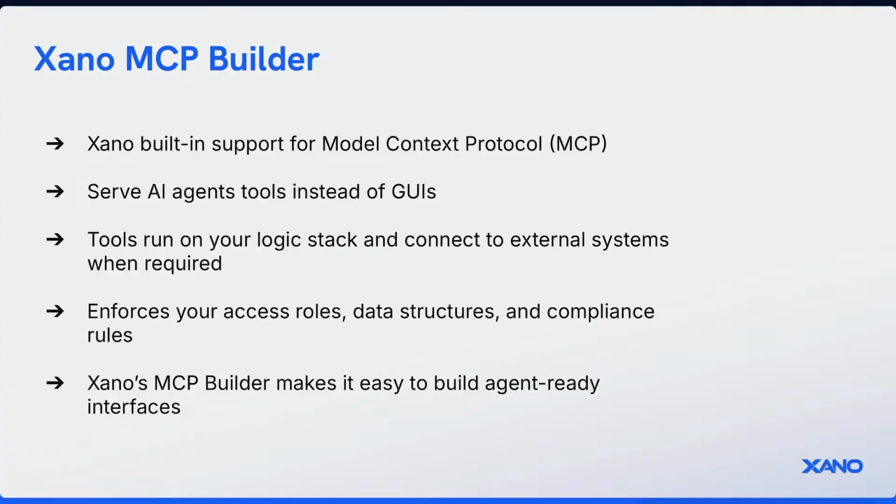That means instead of building application interfaces for humans, you can serve agents a well defined set of tools that run on your logic stack, our function stack, or connect existing systems and data stores, while respecting your access rules, your data structures, and compliance rules. The MCP server is how you present those tools. And with Xano's MCP builder, it's easy to build an interface that works for AI. It just works.